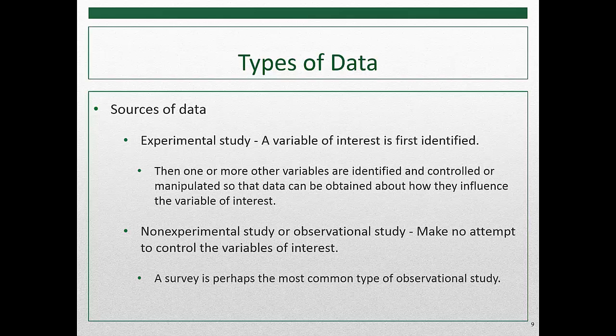If a pharmaceutical company is interested in conducting an experiment to learn about how a new drug affects blood pressure, then blood pressure is the variable of interest in the study. The dosage level of the new drug is another variable that is hoped to have a causal effect on blood pressure. To obtain data about the effects of the new drug, researchers select a sample of individuals.